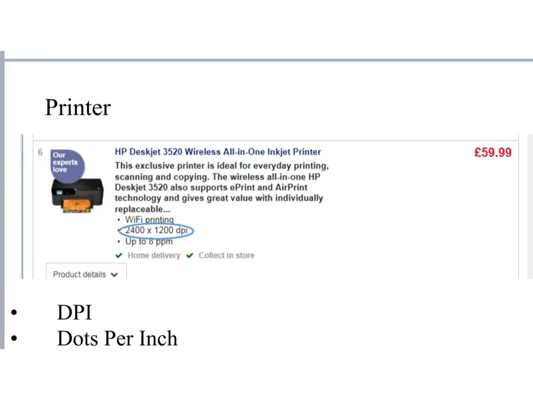Printer resolution is also measured in DPI, so if you were going to be buying a new printer, the resolution would be one of the main considerations for you. This one has a resolution of 2400 by 1200 DPI. Another consideration is just the specification which is underneath, which is up to 8 ppm, which is pages per minute.